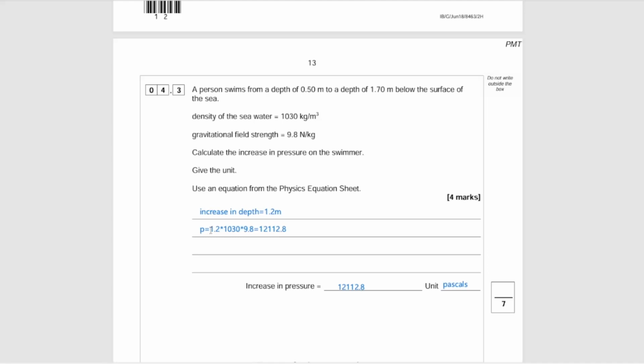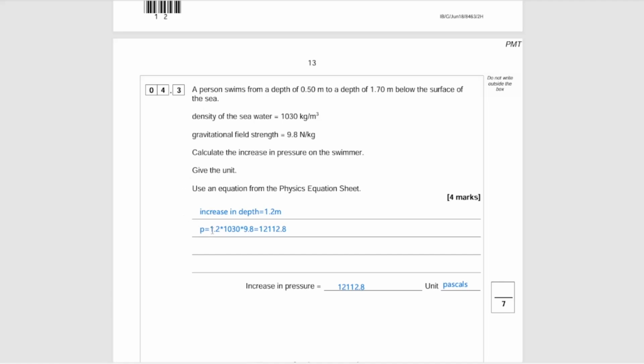Now pressure is force over area. However, the area of the water column is the same as the area of the top of the swimmer, so it cancels out. So the increase in pressure is just the increase in force, so we just calculate the force. The density of seawater is 1030 kilograms per meter cubed.